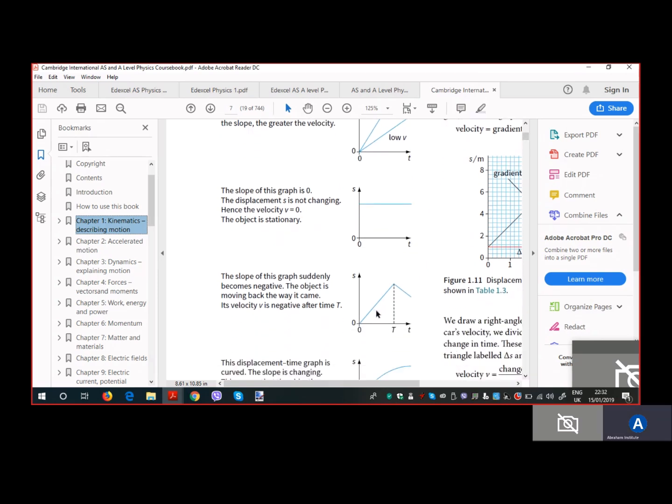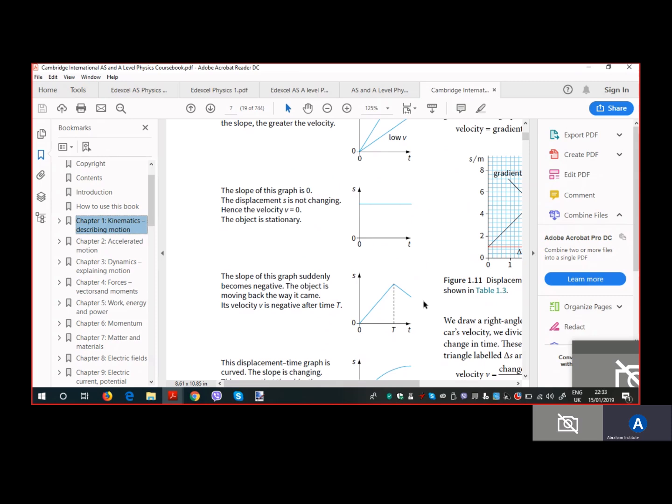Now remember, velocity is a vector quantity. The gradient is positive from 0 to capital T, and then it becomes negative. Do you understand what happens here? The object is moving in one direction from 0 to T, and then after that it moves in the opposite direction. So that means it's not slowing down. No, that is what I told you. That is a common mistake that students make.